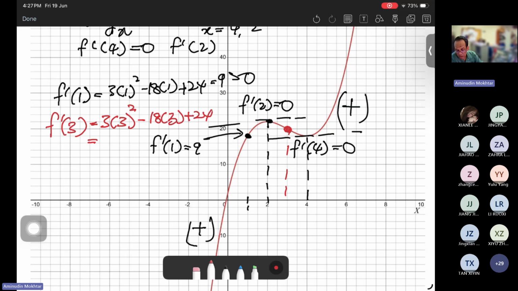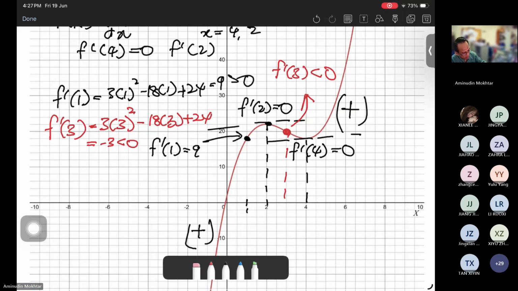You can get the answer, which is -3. That is negative. The slope of the function at this point, f prime 3, is negative. So between these two critical points, the slope of the function is negative.